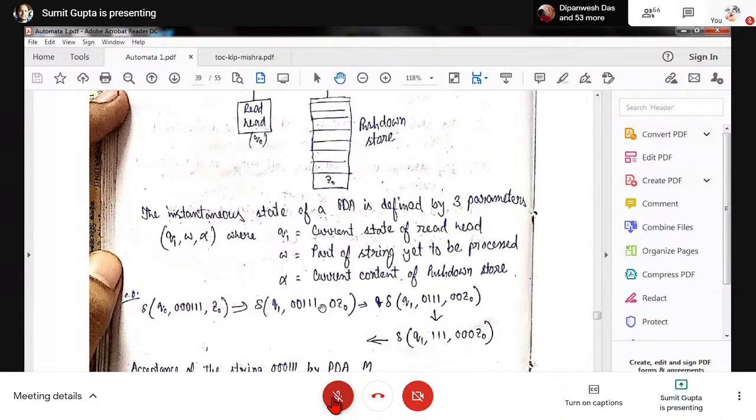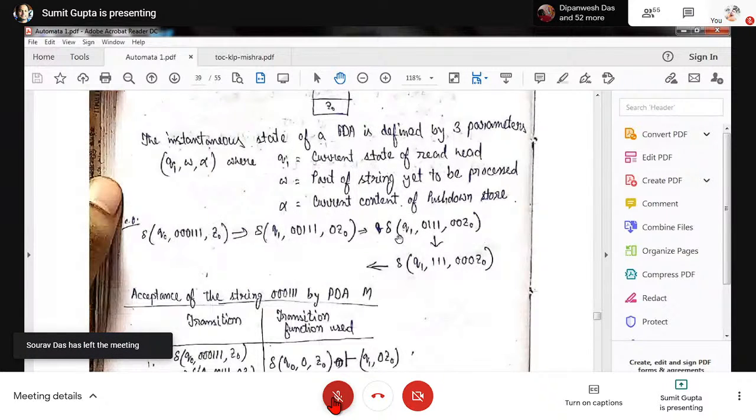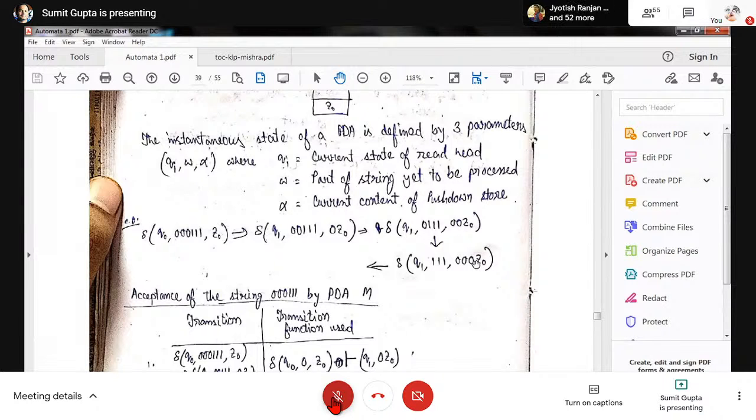So next, what will happen? See over here. Suppose we are at Q1, we process 0, so that 0 would be pushed inside the stack. This way again, Q1, 0 pushed inside the stack. Since we have already seen this, we are not changing the state. But when Q1 is given 1, we have to change the state. I could have changed the state here also.